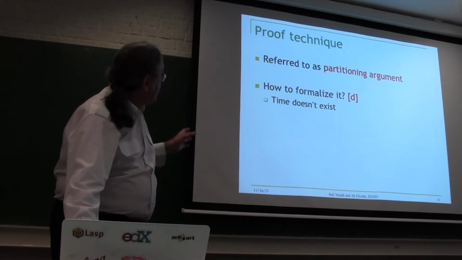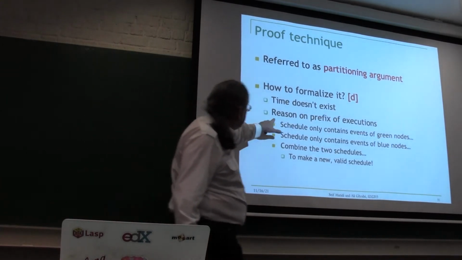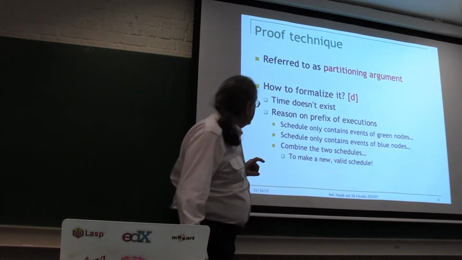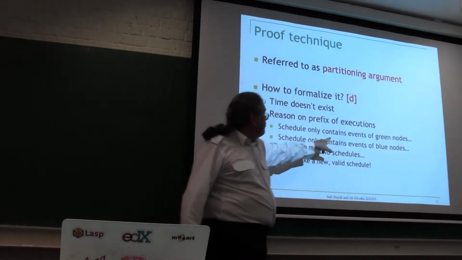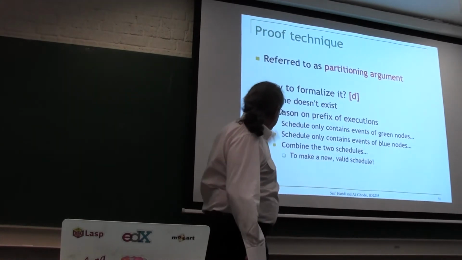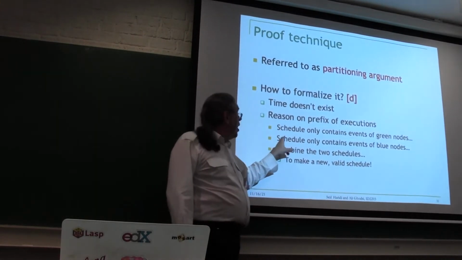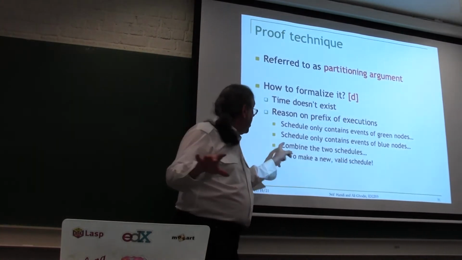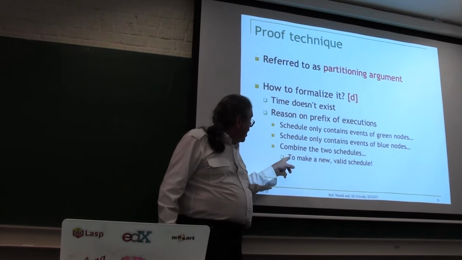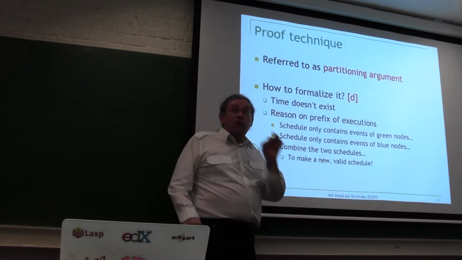So we don't worry about time. We look at prefixes. We take the schedule where you have green nodes running. You take the schedule where you have the blue nodes running, and you combine the 2 schedules to make a third one, which is completely valid.